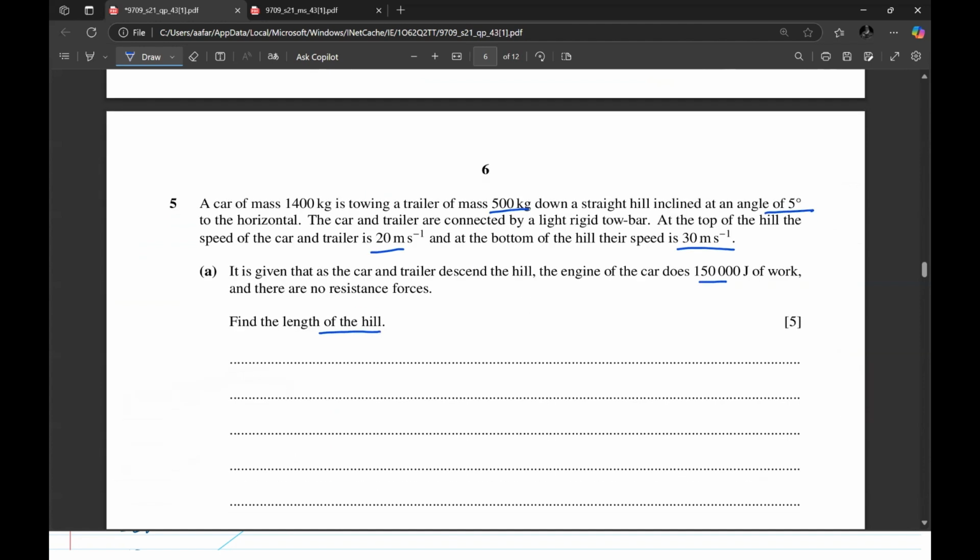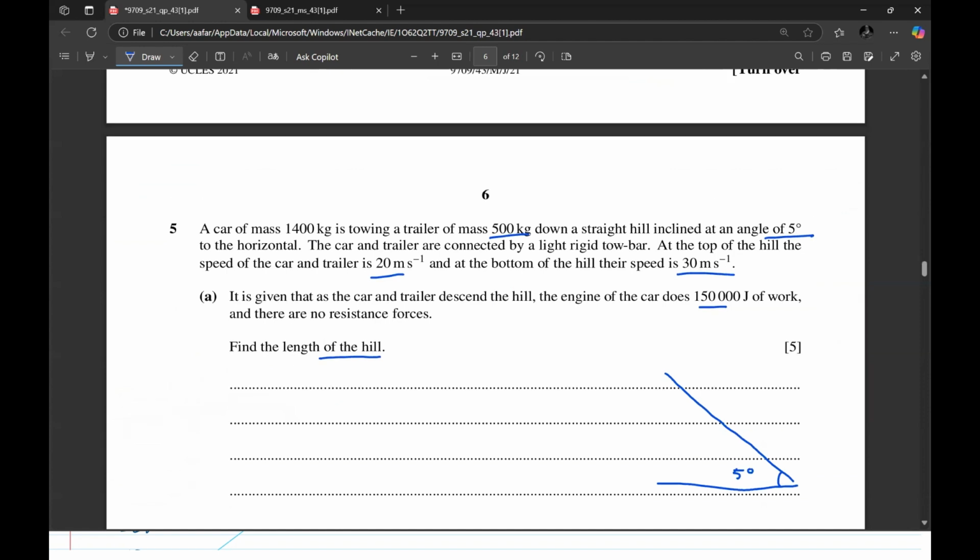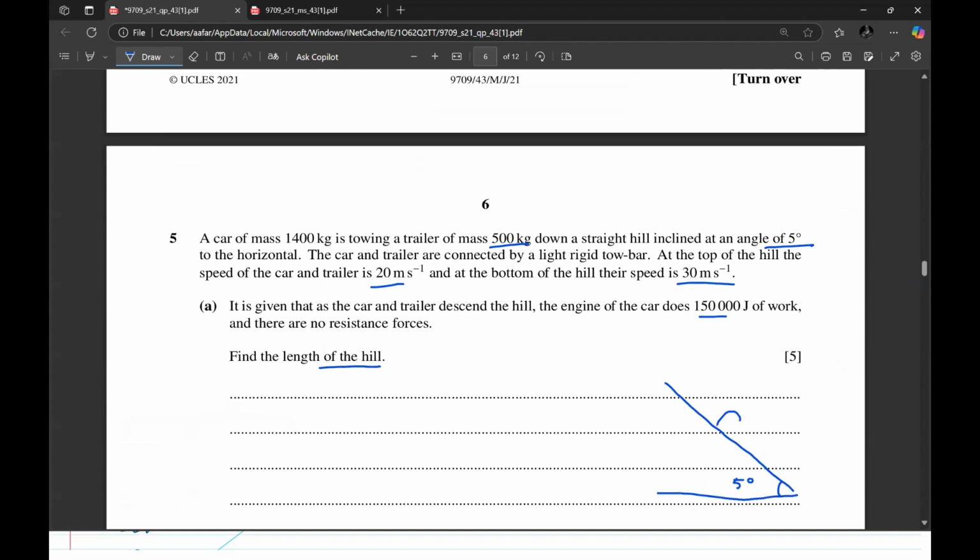So let's sketch the scenario. It's basically towing a trailer of mass down a straight hill, right? So of inclined angle of 5 degrees. So this is the hill, angle 5 degrees. Let's say this is the car, and this is the trailer.